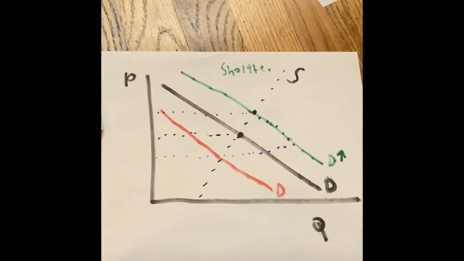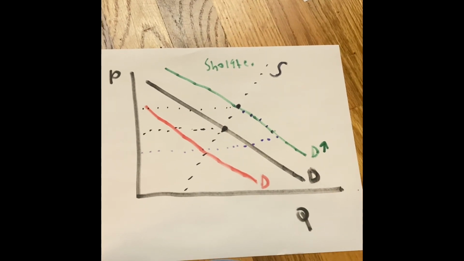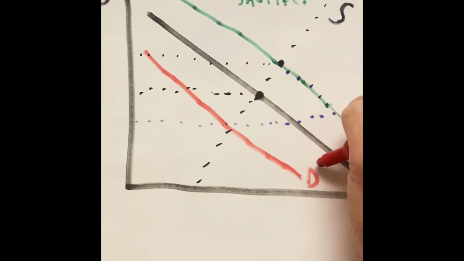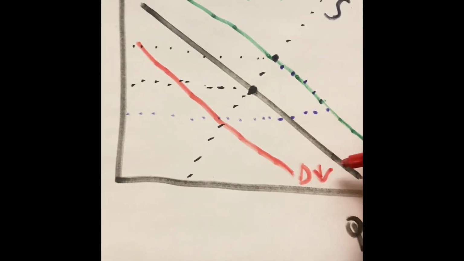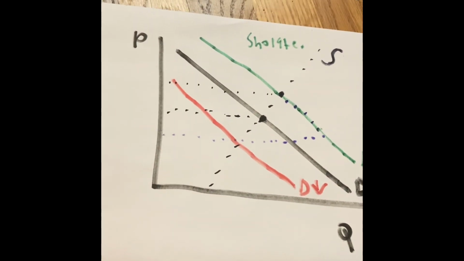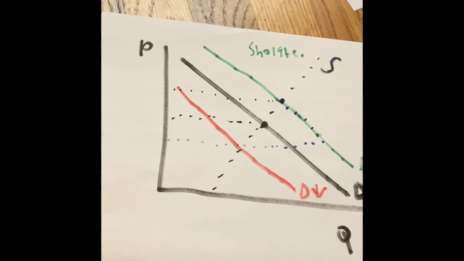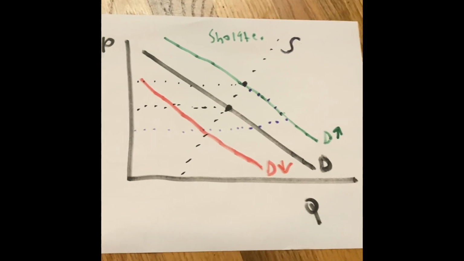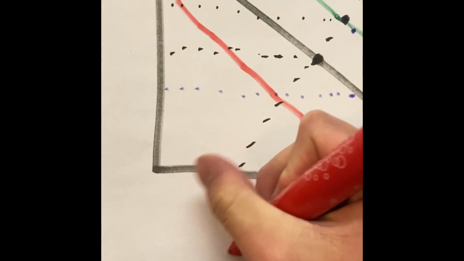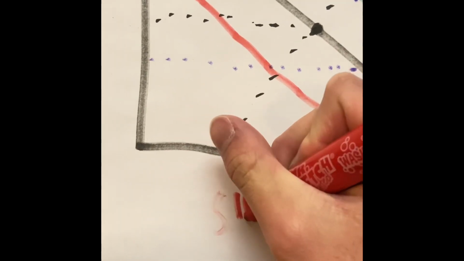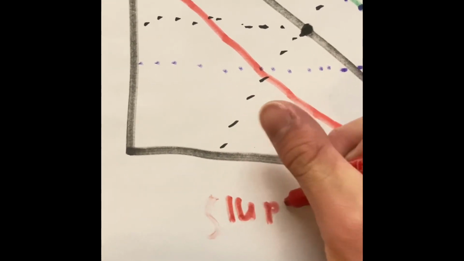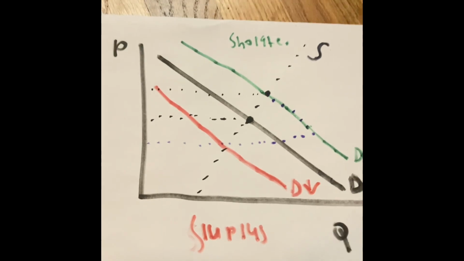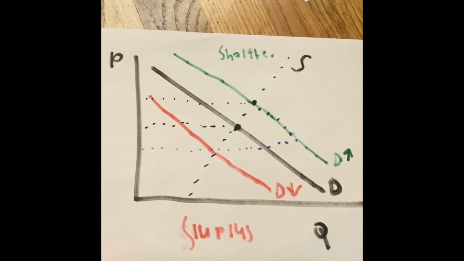Now, what happens if we do something else? What would happen if we decrease the demand in this scenario? Well, if we decrease the demand, instead of having a shortage, this is going to be called a surplus. The reason why we call this a surplus is all the stuff in the stores is sitting on the shelves.